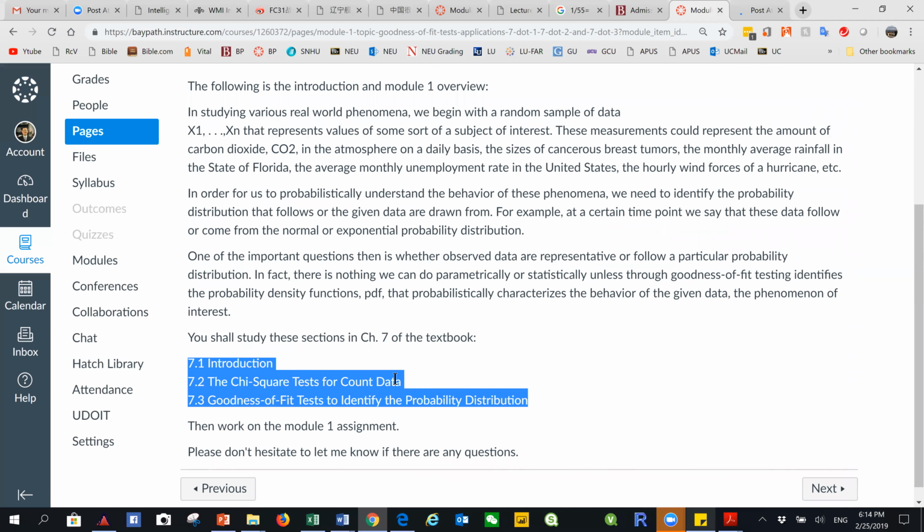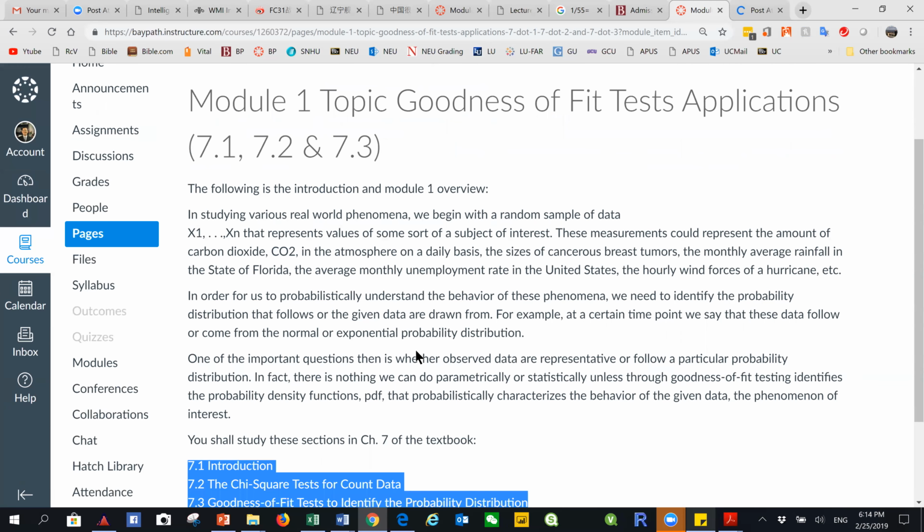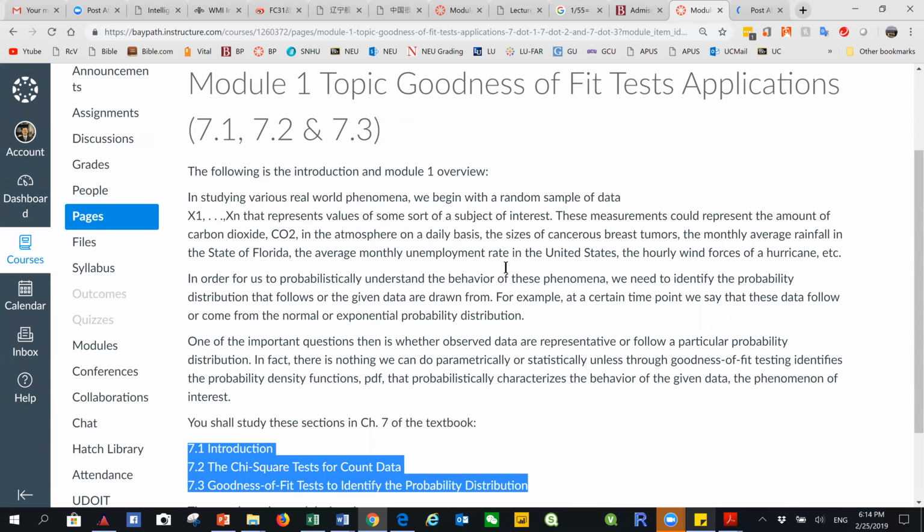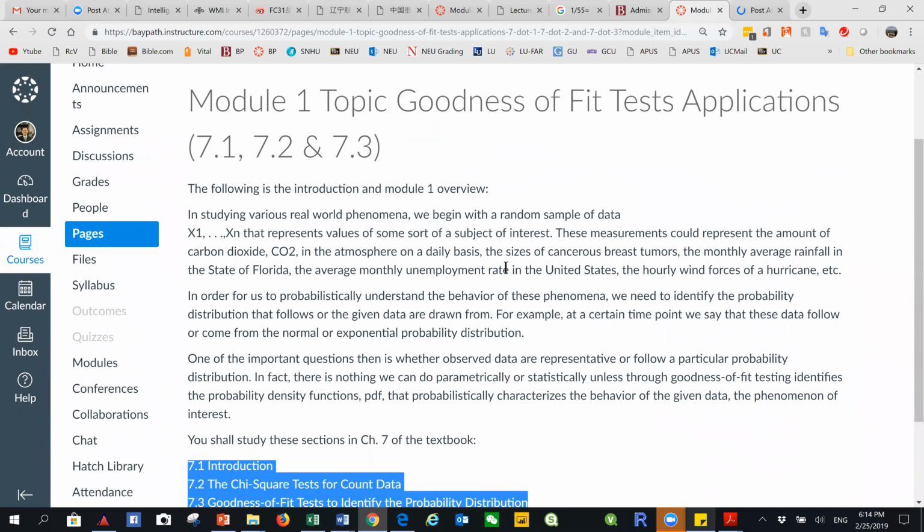Chi-square test, sometimes we will have count data instead of continuous data. So in this case, we usually use the chi-square test to see whether the data are from a given distribution or they are independently distributed in that way.